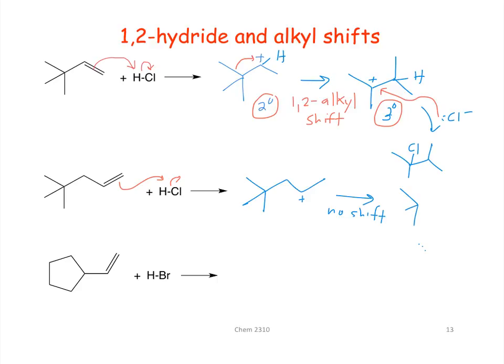And we would just get the chlorine at this position. So what we're really looking for is when we have a carbocation with a more substituted position adjacent to it. That's when we'll see either hydride or alkyl shifts.